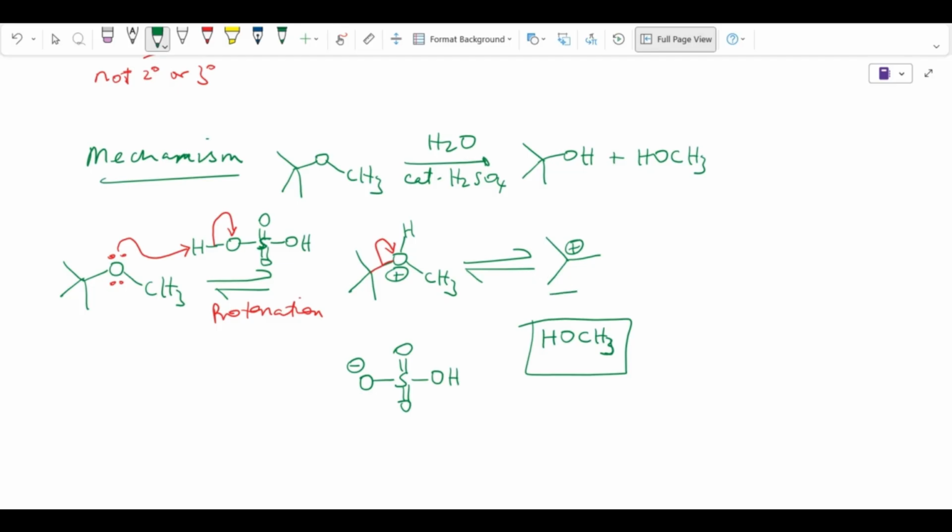Now, the carbocation intermediate is very reactive. This reactive carbocation intermediate can now react with a weak nucleophile. So we draw the curved arrow from the electron source, which is the lone pair on the oxygen, towards the electron sink, which is the positively charged carbon.